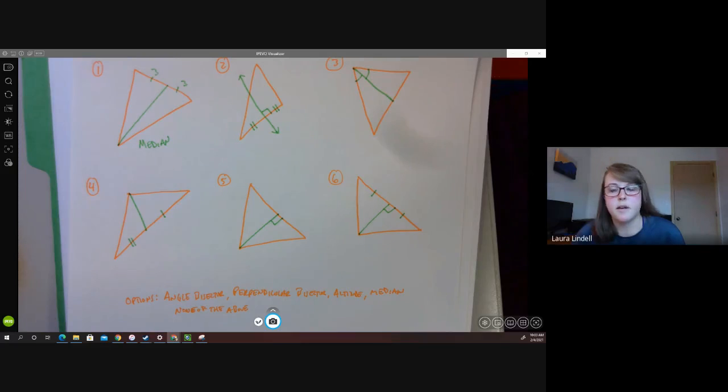All right, how about the second one? What do we think? We see the right angle. That makes two options for us. It's either a perpendicular bisector or an altitude. What do we think?